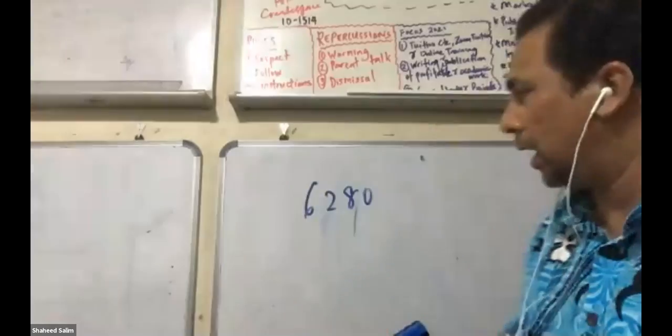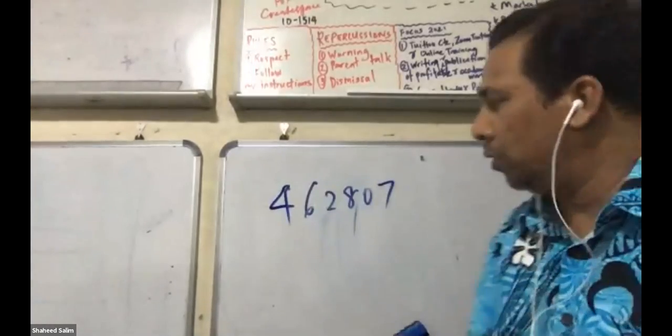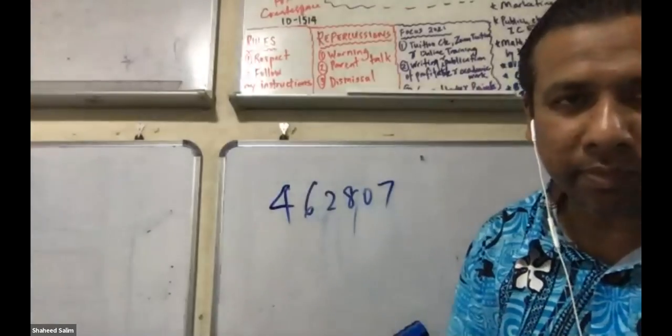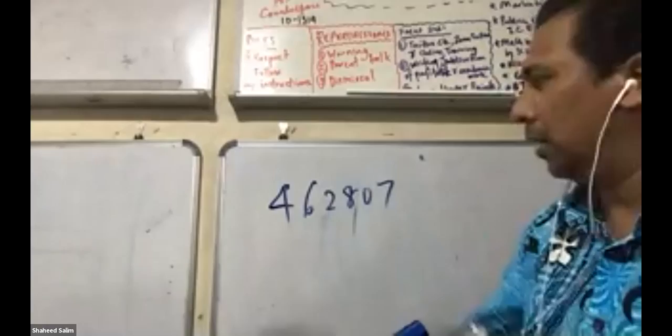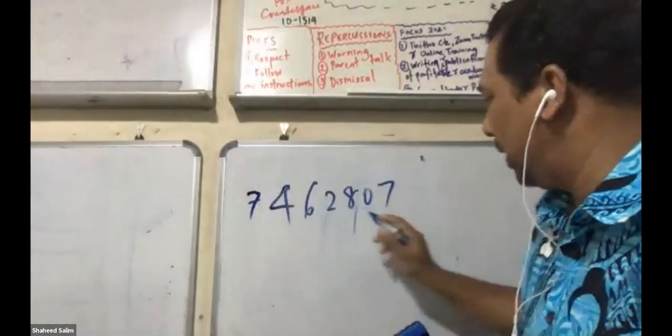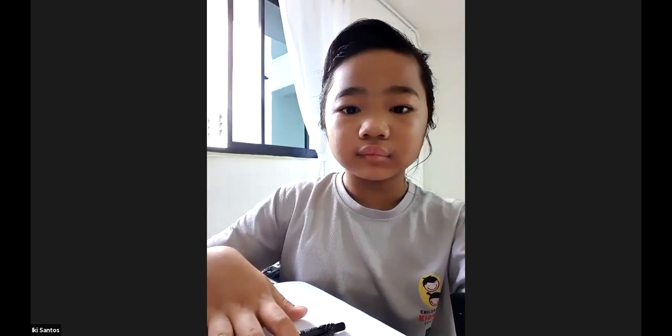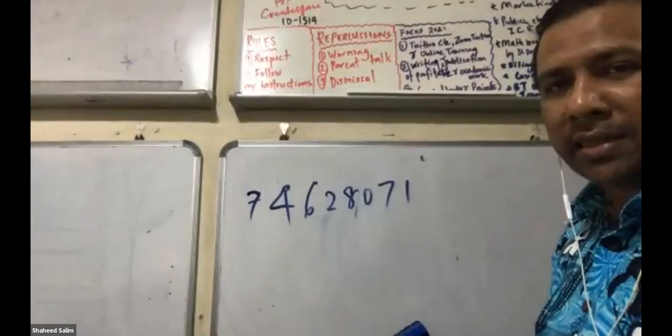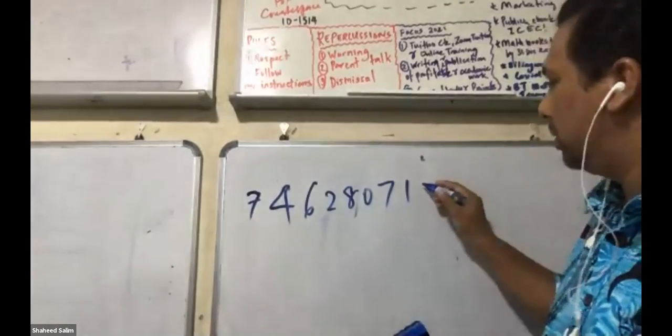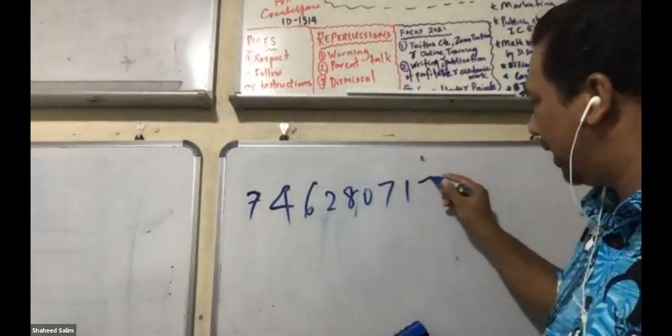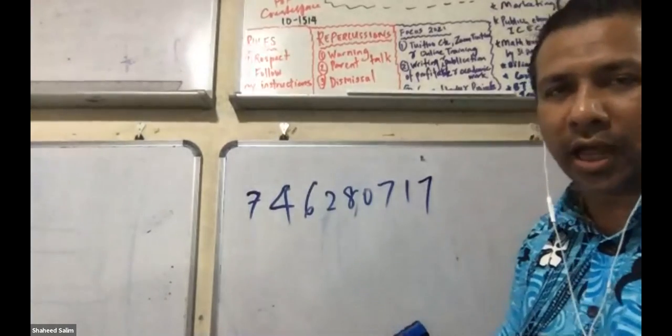How many digits are there? 4. Good. Now we'll ask Auni, how many numbers are there? 1. How many digits are there? 6. Okay. Now we ask Umaira, how many numbers are there? 1. How many digits? 8. All right. Amara, you try. How many numbers are there, Amara? You got to unmute yourself.